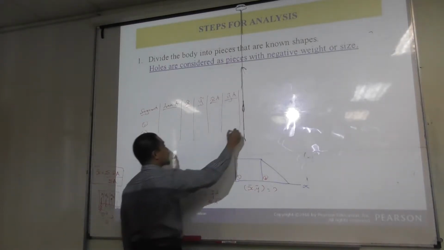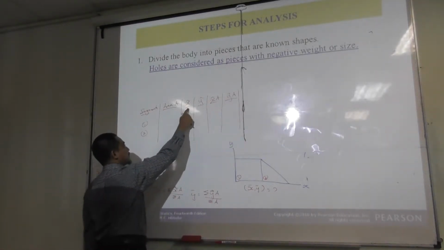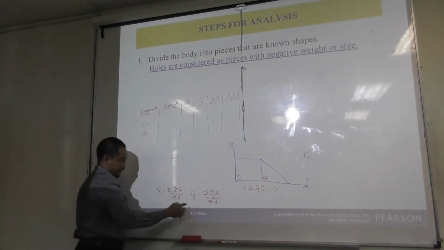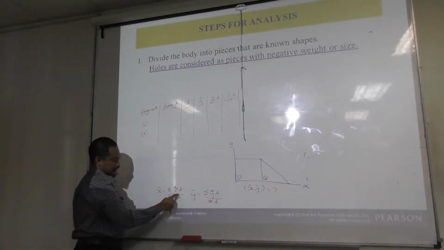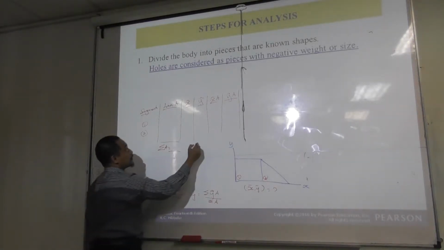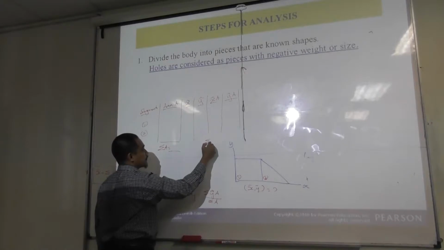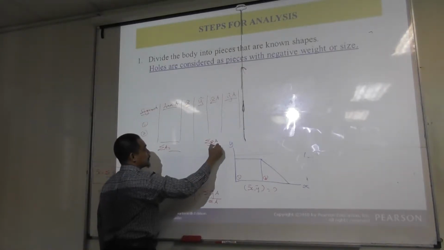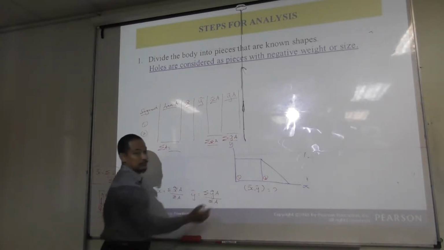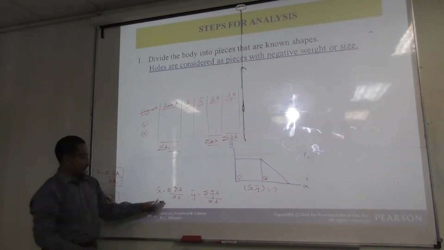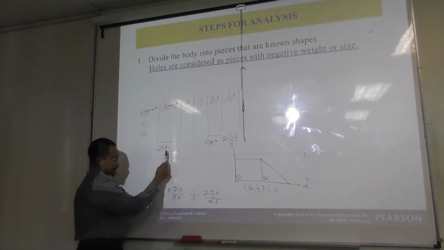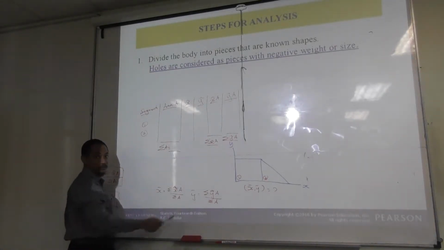Basically, this multiplied by this one, you get this one, and this multiplied by this one, you get this one. And then what you need is just xa divided by a. So summation of a is here, summation of xa is here, summation of ya is here. When you want to calculate, you just plug in the value of summation of xa, divide by summation of a, and you get the value here.